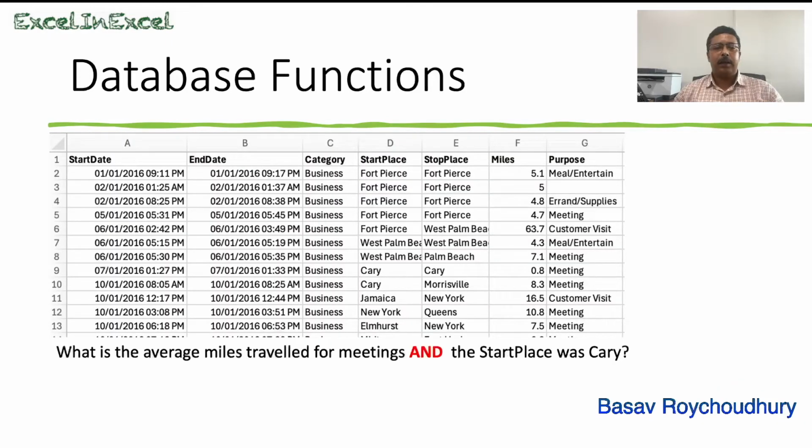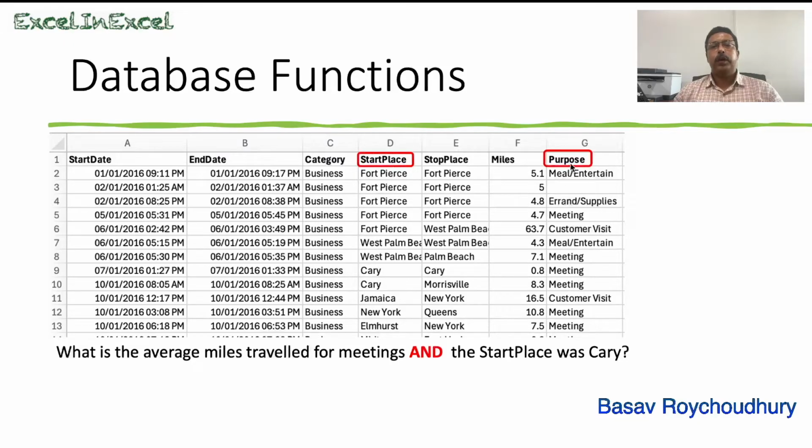Let's take another question now. What happens if we have, instead of an or, an and condition? So what you are saying is, what is the average mile traveled for meetings and where the start place was Carry? There are two conditions now like before, but the joining condition is an and. In other words, the travel must be for a meeting and the start place must be Carry.